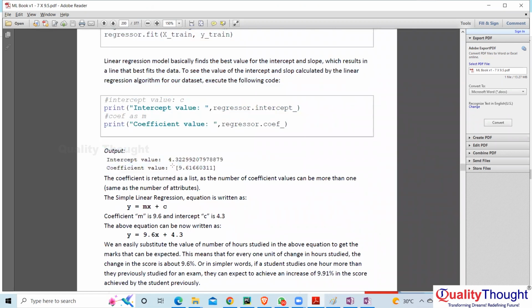Since we have only one x, you'll get only one coefficient. If you have multiple x, you will get multiple coefficients, right? And how do you write the equation here? Y equal to mx plus c. So m is your coefficient, right? So 9.61 plus 4.3.